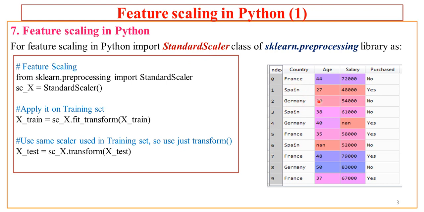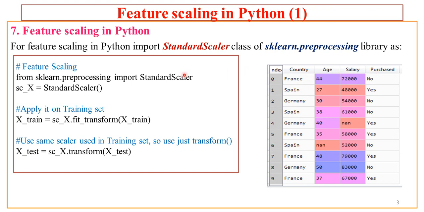Now assume the dataset we have been discussing since the first lecture of feature scaling. So we have a data set comprising features like country, age, salary and purchased. Of this we have country, age and salary as the independent feature vector and purchased as the dependent variable vector.